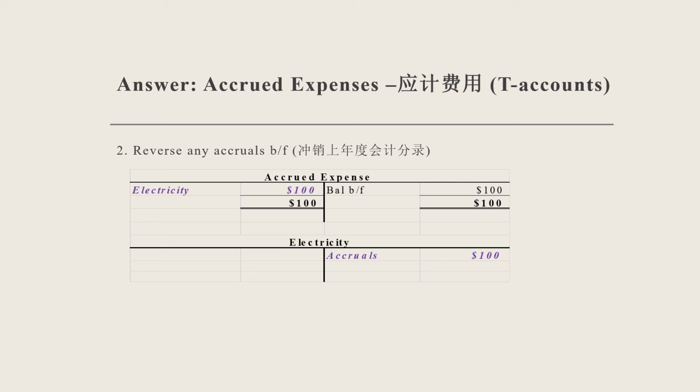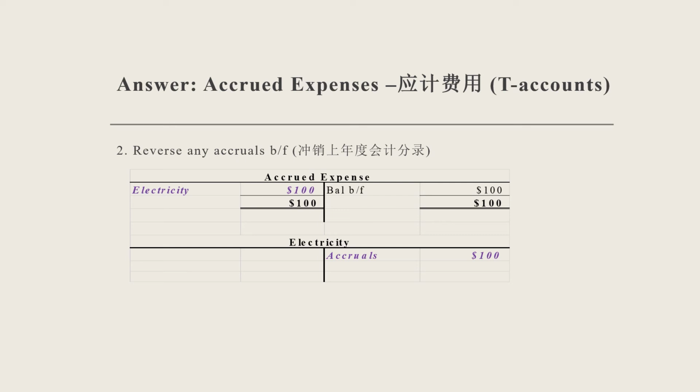forward. The journal entry should be debit accrued expenses 100, credit electricity 100. Once the journal entry is done, accrued expenses is 0.